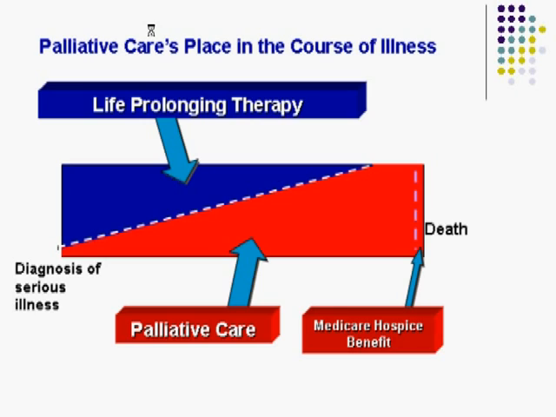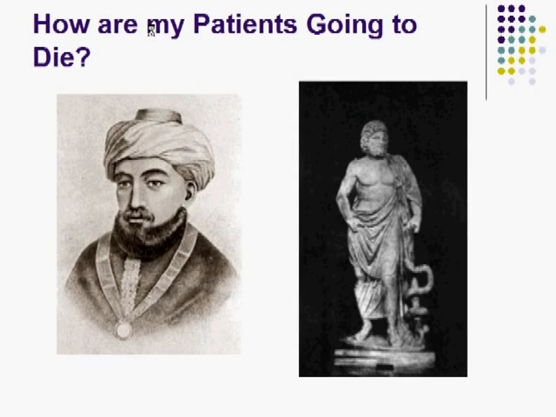It becomes futile. And so at that point, the patient's care should be 100% palliative, and that's the definition of hospice. So that's the distinction between conventional medical care, palliative care, and hospice care.